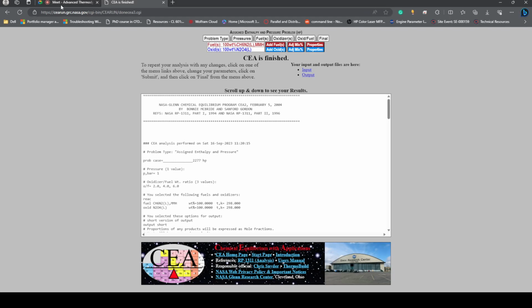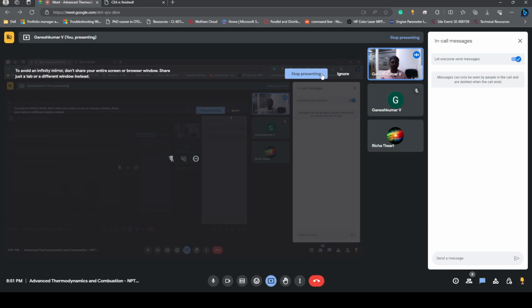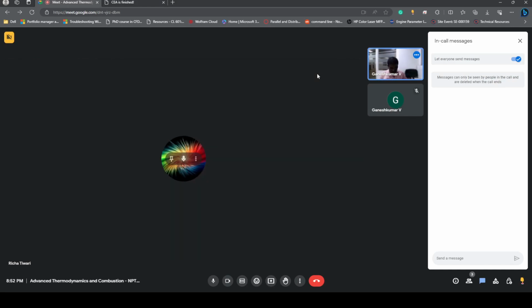You can even do similar analysis in some more software also. There are a lot of software packages where you can do this kind of analysis.